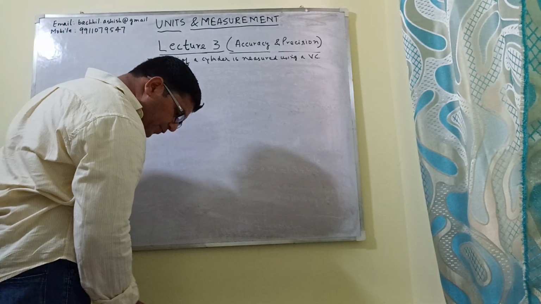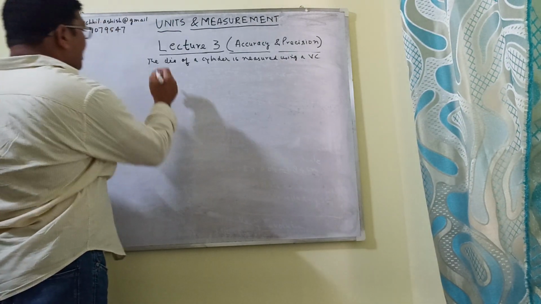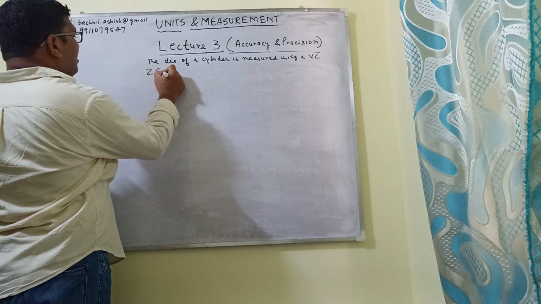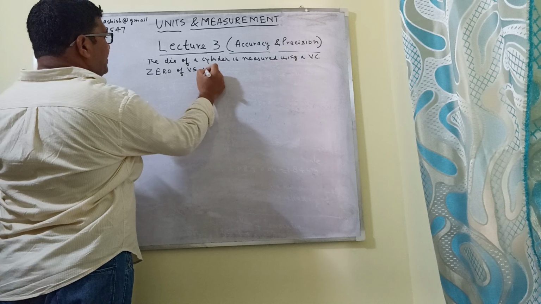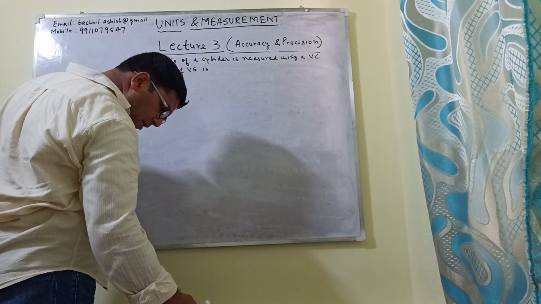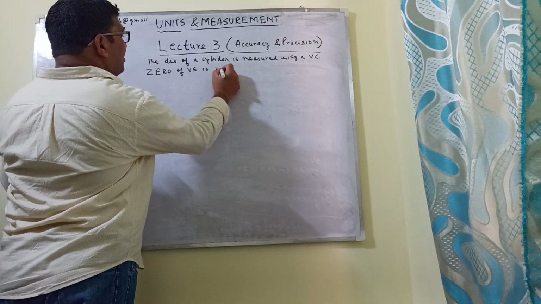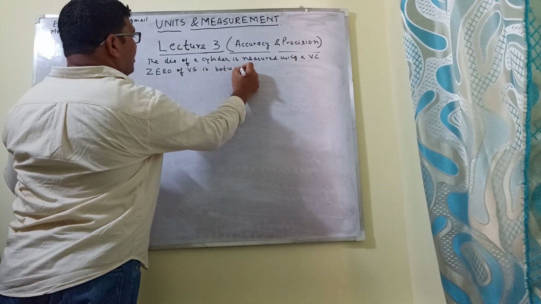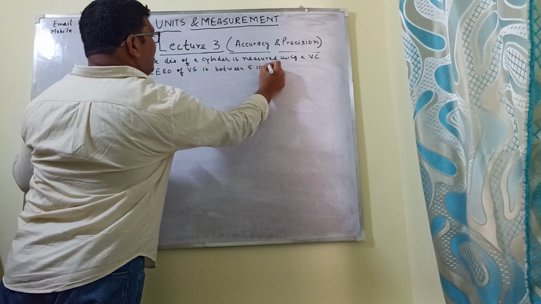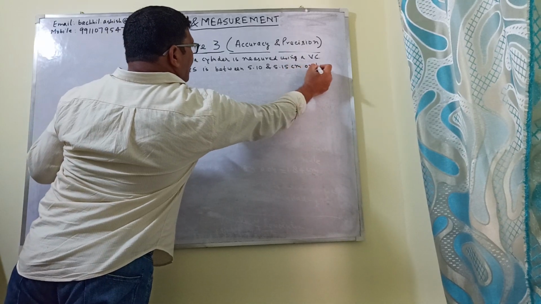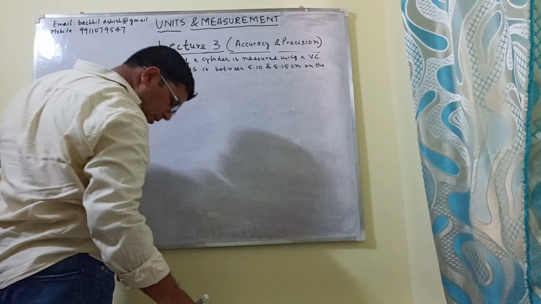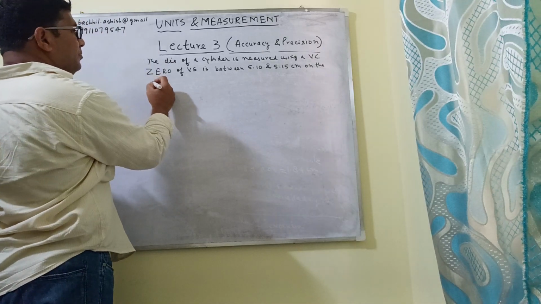It is found that zero of the Vernier scale is between 5.10 and 5.15 centimeter on the main scale.